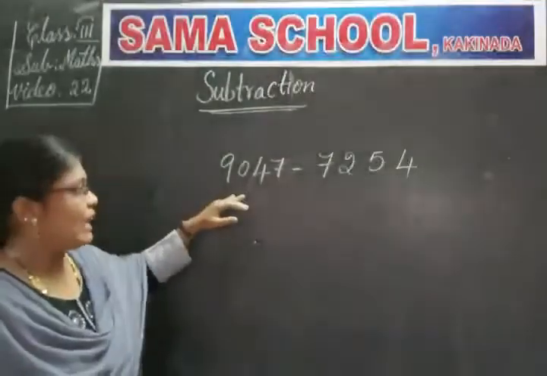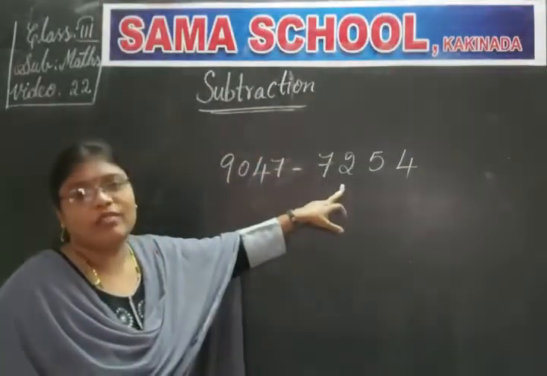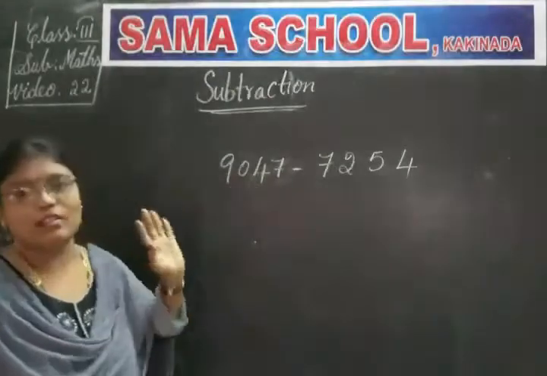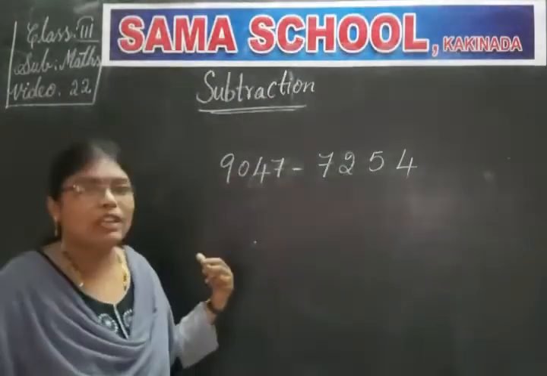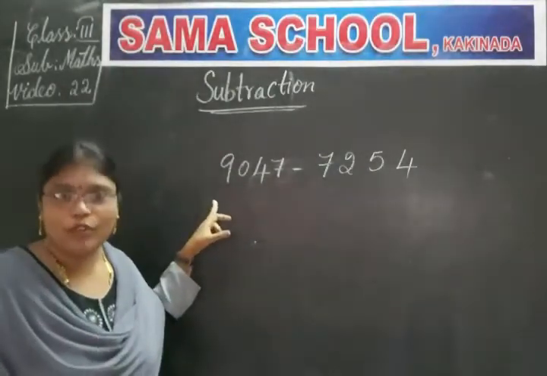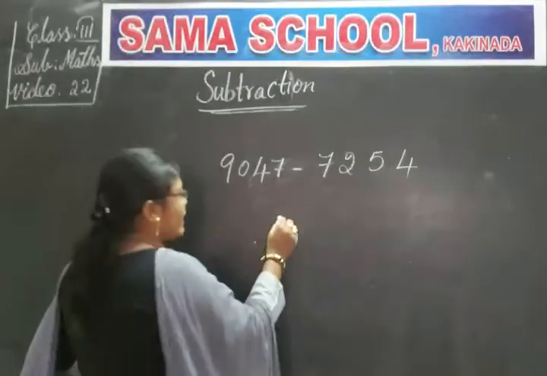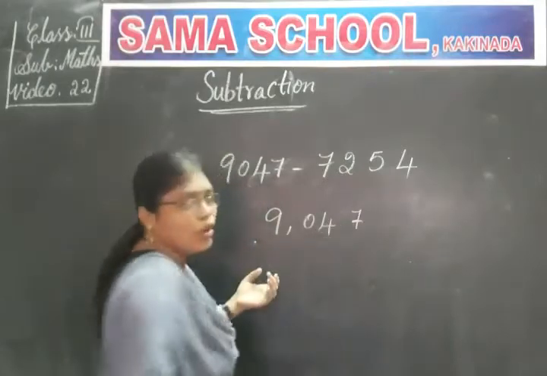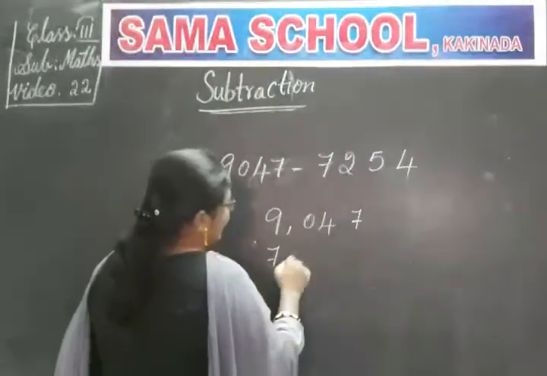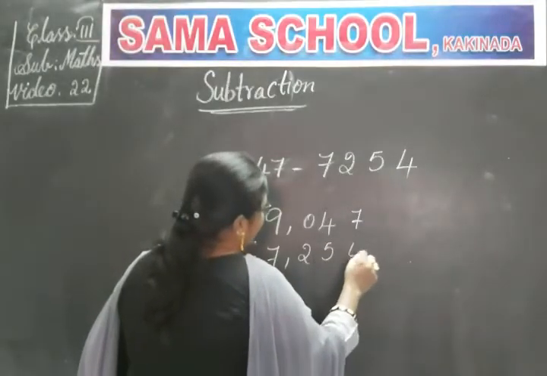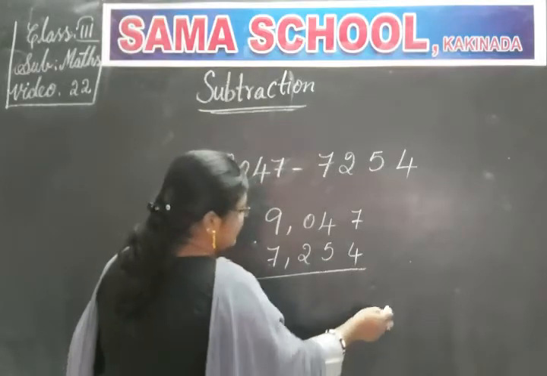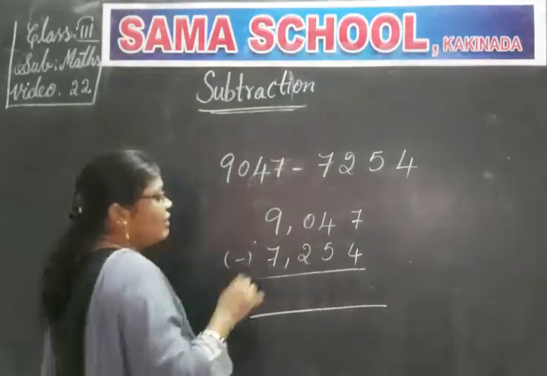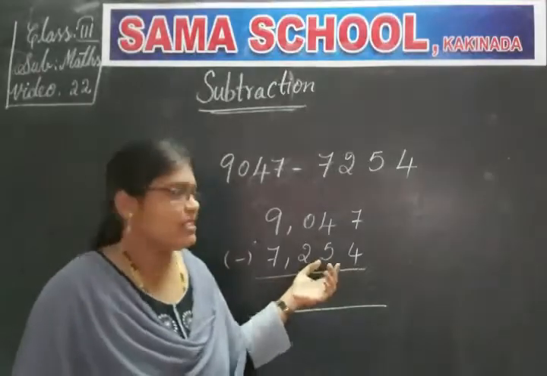You have to subtract 7254 from 9047. And what is the bigger number? 9047, right? So write 9047 at top and 7254 in the bottom. Now come on children, let's subtract this.